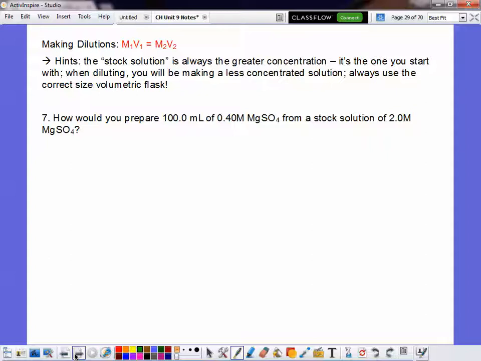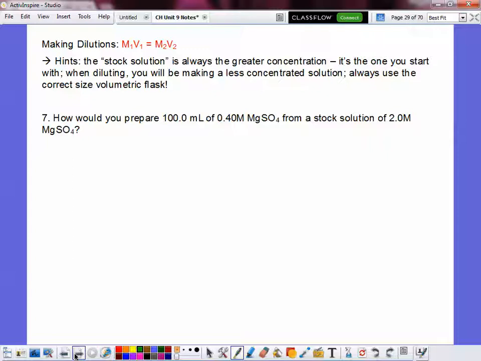It's really difficult to take a solution and, if you need a higher concentration, to do that. Because trying to remove a solvent from an existing solution is difficult. One way to do it, you could heat it, but it's hard to regulate how much you boil off of the solvent. So it's much easier to go from a higher concentration and dilute it down to a lower concentration by adding more solvent.